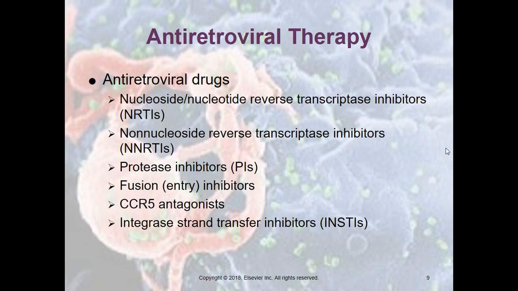Antiretroviral therapy includes antiretroviral drugs, and those are your NRTIs, your NNRTIs, your protease inhibitors, your fusion entry inhibitors, your CCR5 antagonists, and your INSTIs, your integrase strand transfer inhibitors.